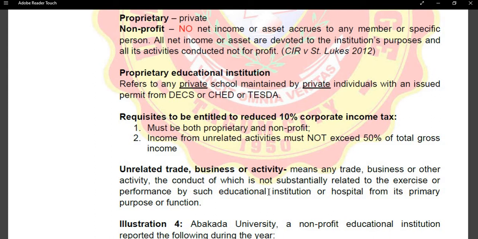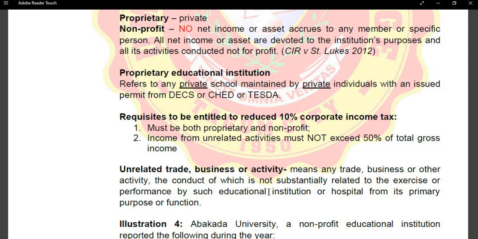To collect tuitions. If the educational institution has a bookstore on campus, of course there is income from that. Still, it is a related activity. If the educational institution has a canteen, of course, that is a related activity because the canteen is necessary inside the campus.